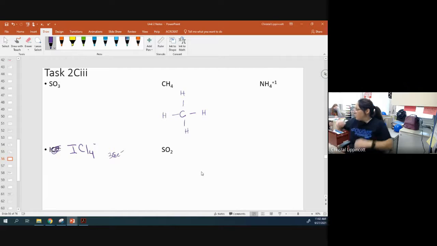Does that make sense? Times 6 is 24 electrons.